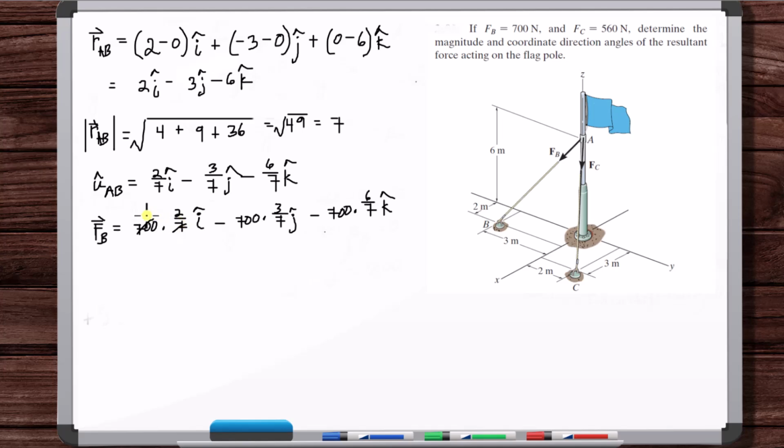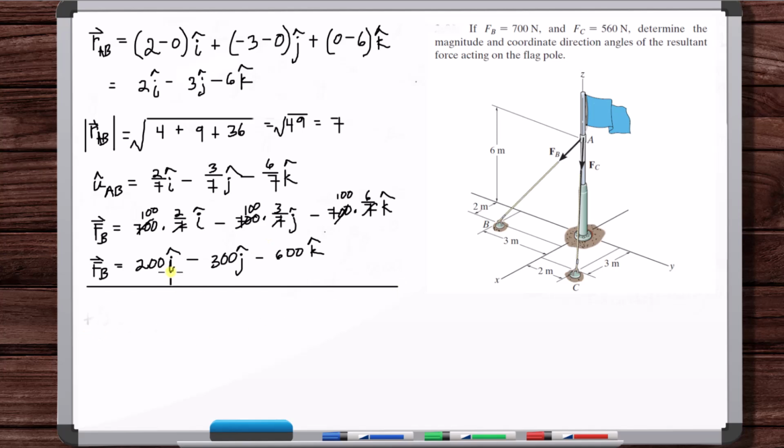In each of these, 700 divided by 7 simplifies to 100. So FB is 200 i hat minus 300 j hat minus 600 k hat.